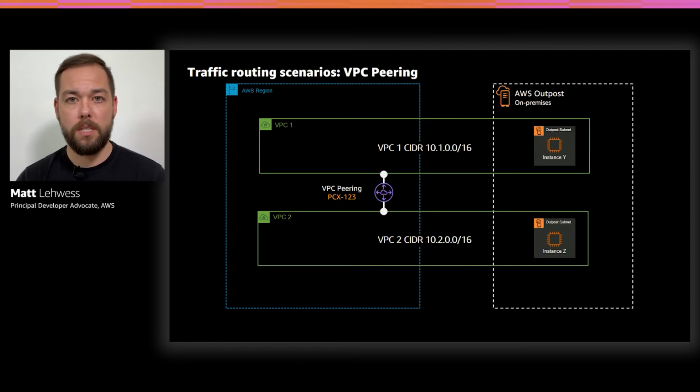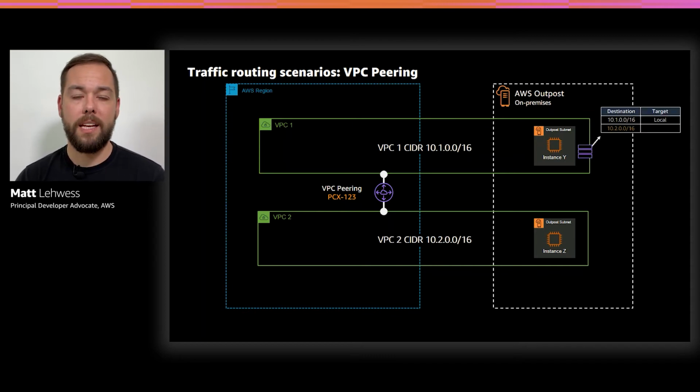Normally, VPC peering sits in the region, but in the case of an Outpost, VPC peering would actually remain inside the Outpost itself. So we're able to take VPC peered traffic between two VPCs in the same Outpost and keep that traffic locally inside the same Outpost, which is very convenient, much more convenient than going back to the region, which is obviously going to be a performance and latency hit.